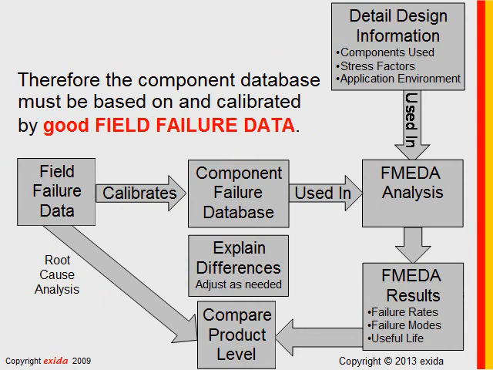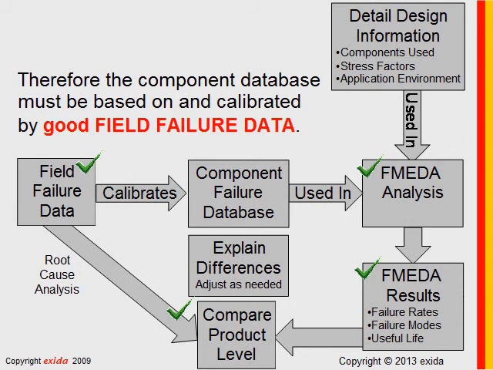That's why it's essential that a component database must be based upon and calibrated by good field failure data. If one does an FMEDA analysis of a product and gets the total failure rate of that product, it's absolutely possible, and in my mind essential, that the FMEDA results are compared at the product level to field failure data.